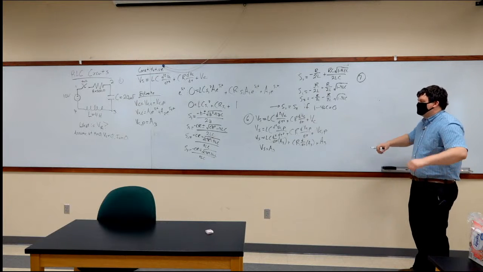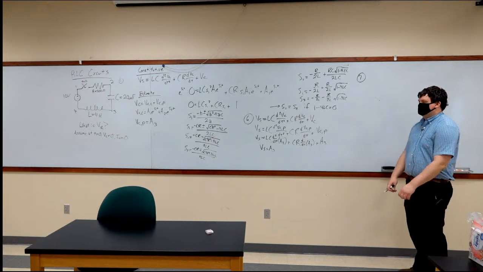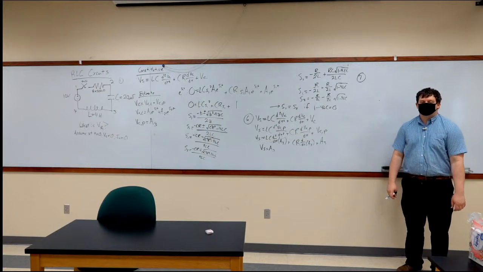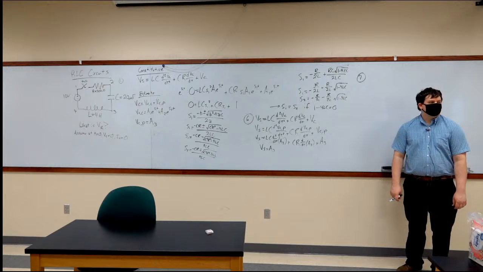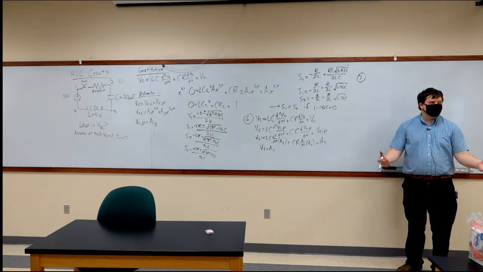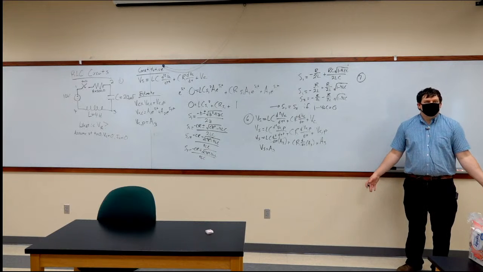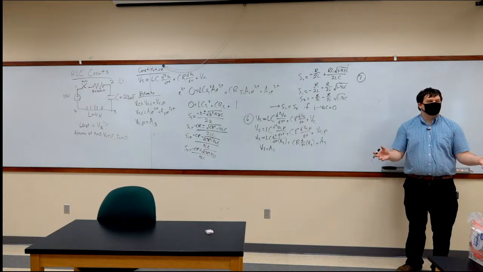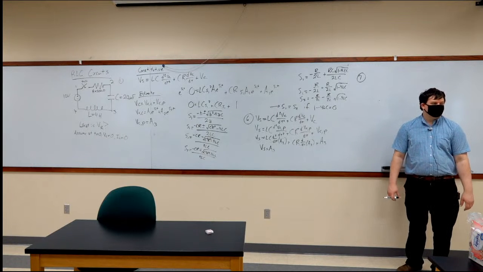What are our initial conditions? What does initial condition mean? Time equals 0 at some time value. We have to know what certain values are so that we can figure out what the system looks like.